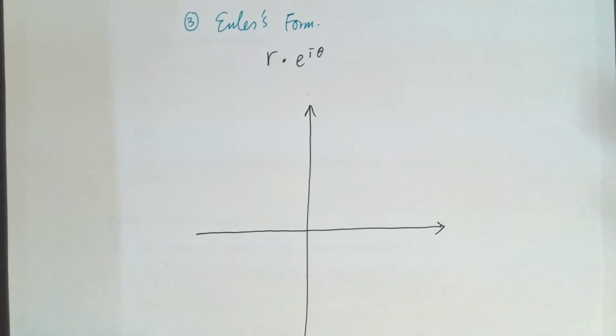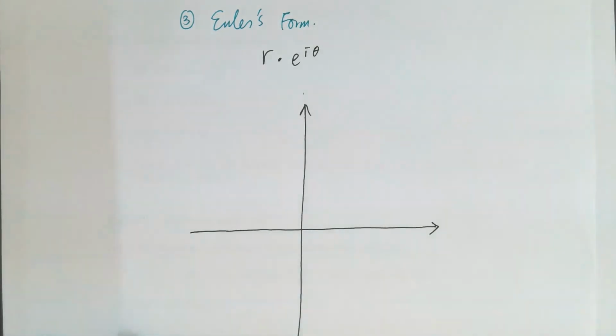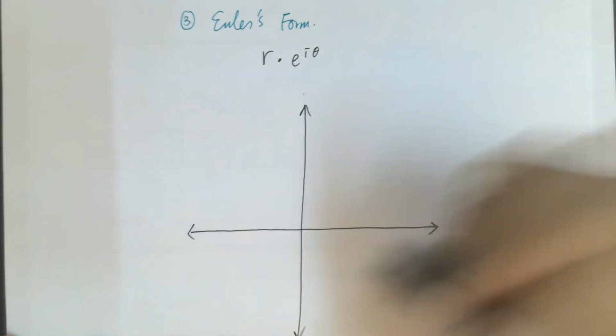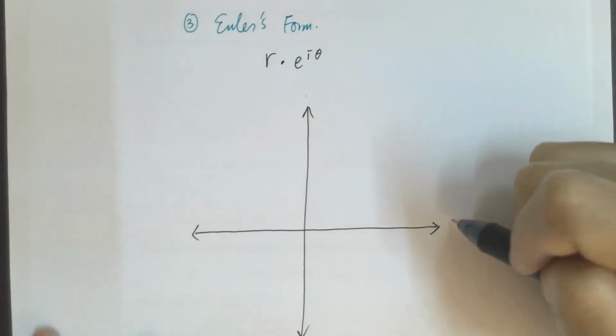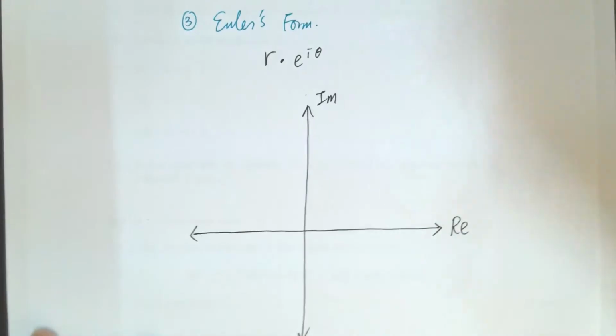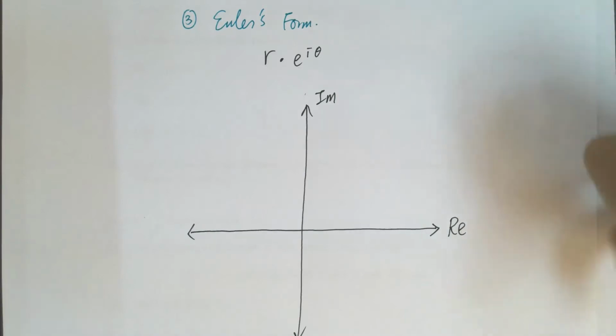And remember what used to be the x and y axes become once they become the Argand plane. The x-axis will represent the real numbers. Okay, we use Re for real, and the y-axis is the imaginary part of the complex number.